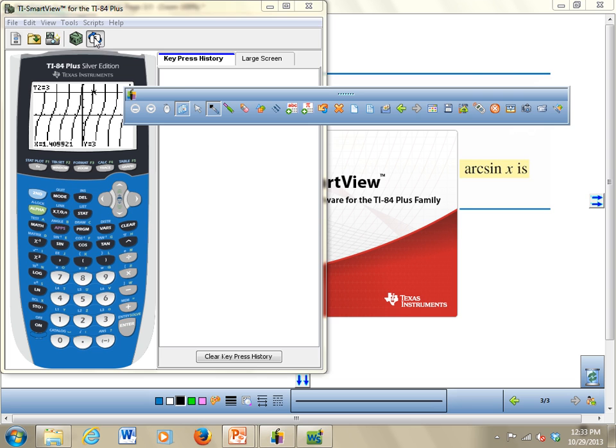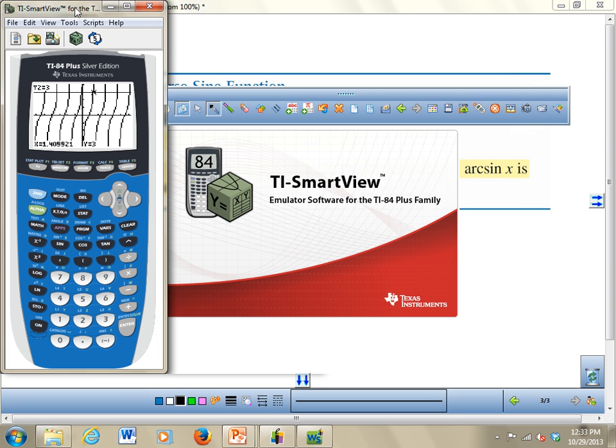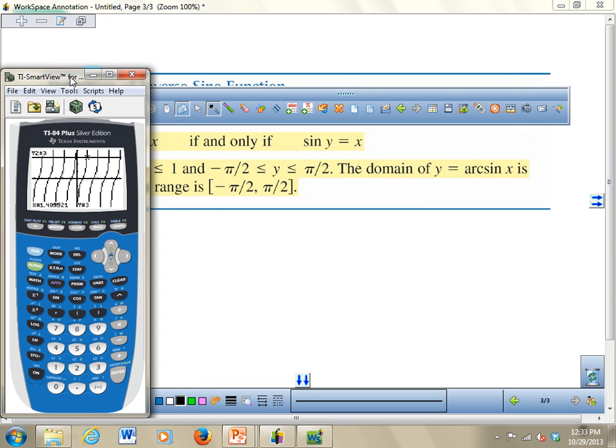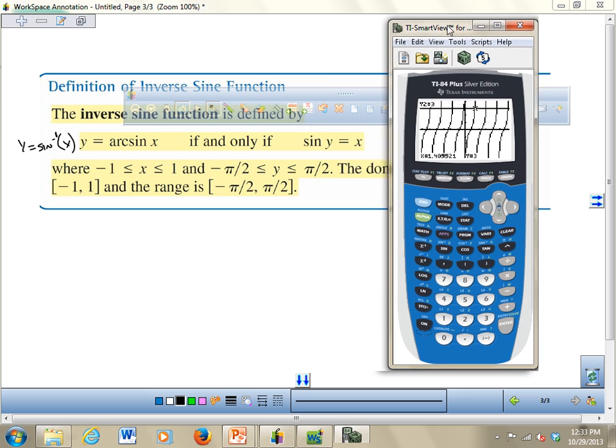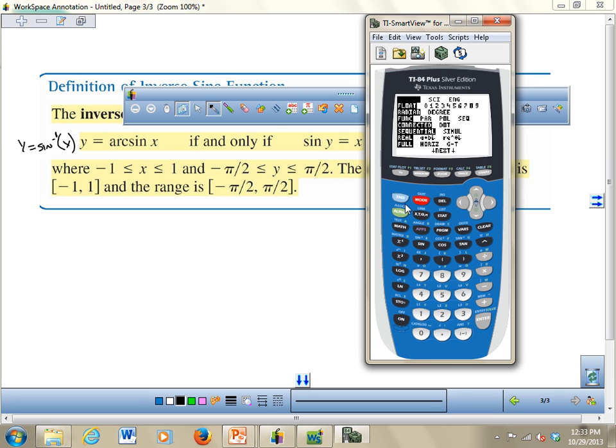Okay. So I'm going to go to View, always in front. There it moves. So say I want to find inverse sine. Like I said, first I want to make sure I'm in radians mode, which I am. If I want inverse sine of -1, it's second, sin.